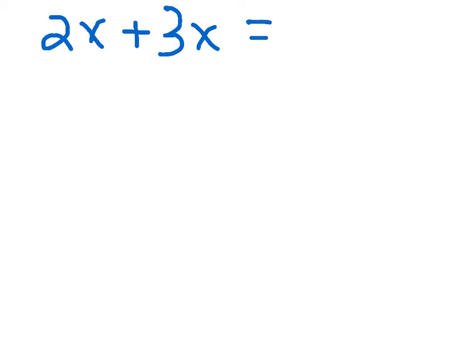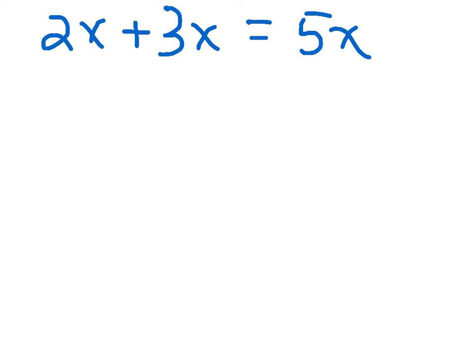Sometimes the expressions are a little more complicated, though, and that involves a review of the whole notion of like terms. If I have 2 x's and I add them to 3 other x's, it is 5x. This is no different than 2 apples and 3 more apples are equal to 5 apples.